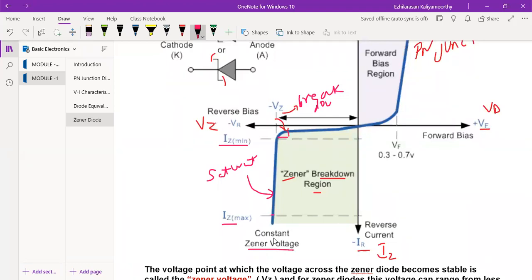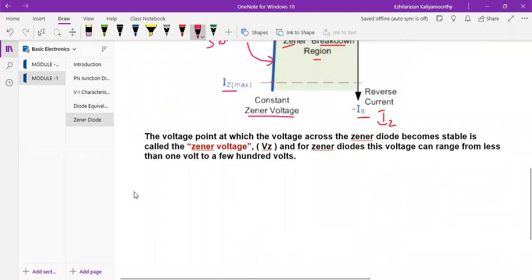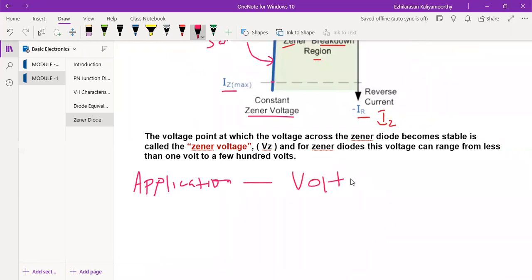From this, I can say one of the very important applications of the Zener diode is what? In the sense, which application? The Zener diode can be used as a voltage regulator. What is meant by voltage regulator?